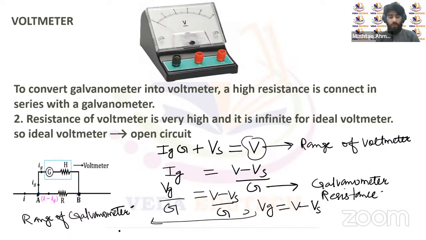So using this equation, we can calculate the range of the voltmeter, or we can also calculate Ig, the current through the galvanometer, to attain a particular range of voltmeter.